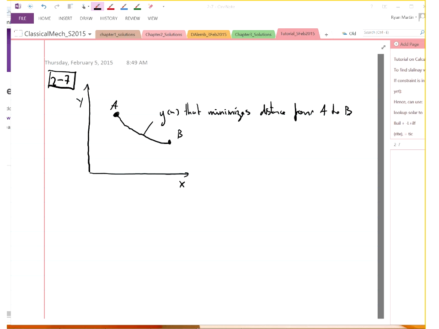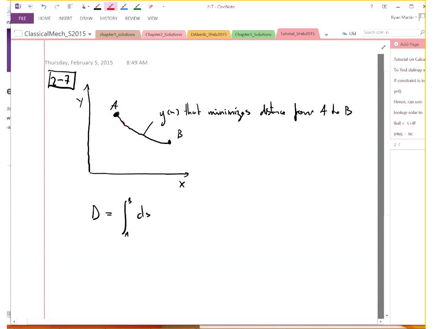Okay, so let's do problem 2.7. So we want the y of x that minimizes the distance from A to B. So we have to set this up as an integral of which we want to find the stationary value. So the total distance from A to B is going to be the integral of ds simply.